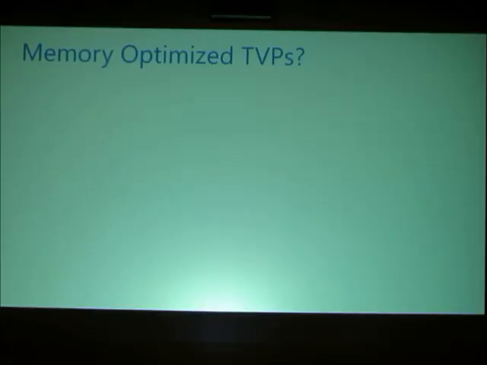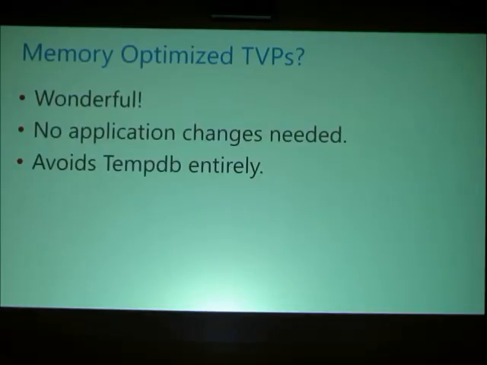So I introduced memory optimized TVPs there. I think they're wonderful. Most people don't use TVPs. So this is kind of a topic near and dear to my heart, but maybe not other people's. No application changes needed. Well, maybe a little one. I left the application running. What I changed was the stored procedure. It avoids Tempdb entirely, which it should have done from the beginning.